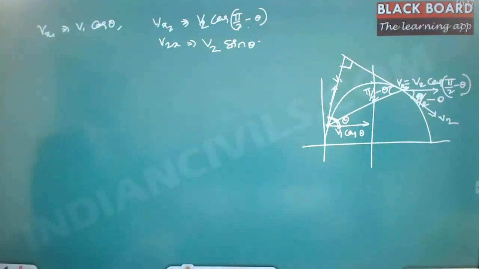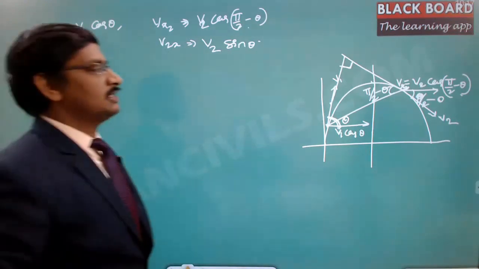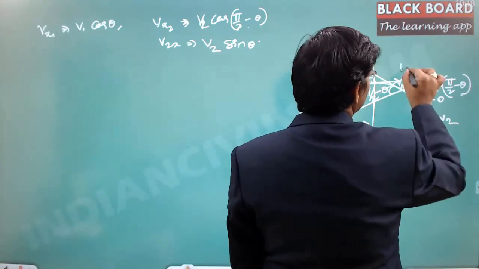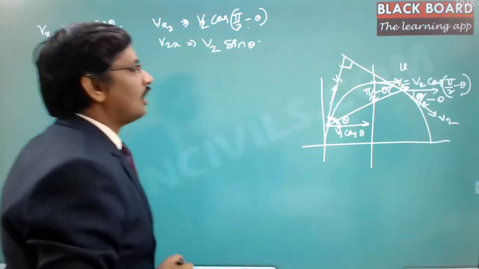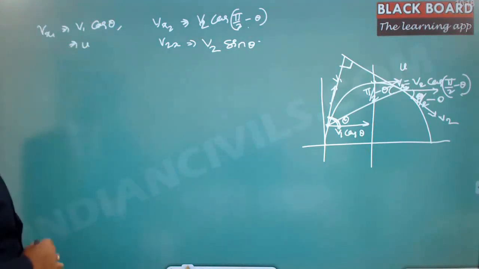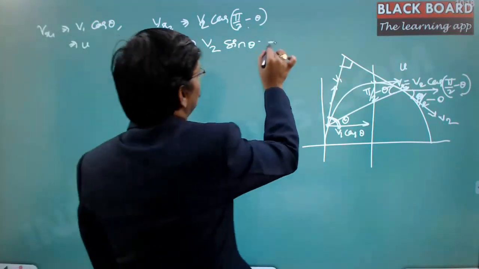So Vx2 is v2 sin theta, Vx1 is v1 cos theta, and at this particular point the horizontal component of the velocity is given as u, and the horizontal component of the velocity is constant throughout the path. This is equal to u, and this is even equal to u.